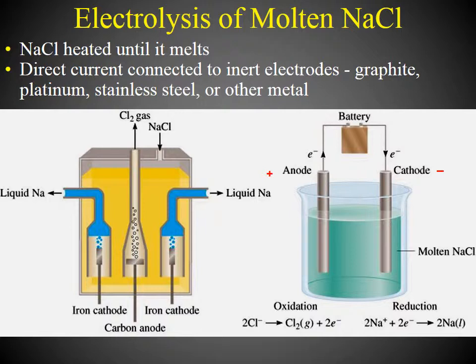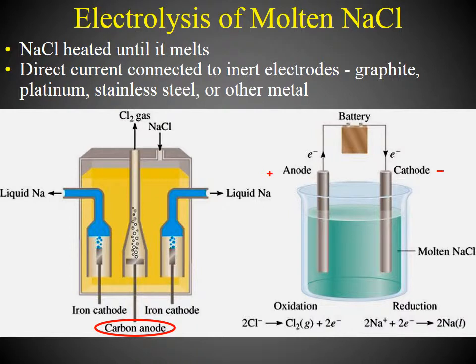This is the opposite sign convention that you would find in a galvanic cell. Now, at the cathode, just as if it were a galvanic cell, reduction is taking place. In this case, sodium ion is being reduced to sodium metal.